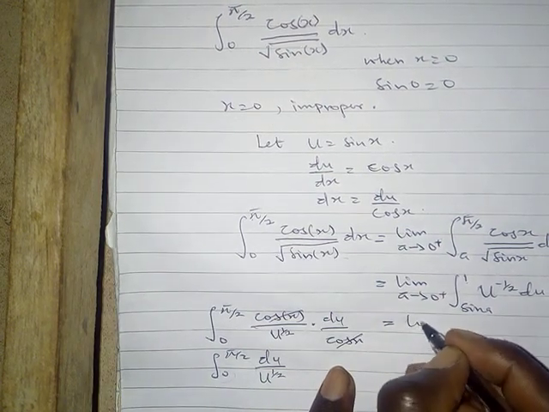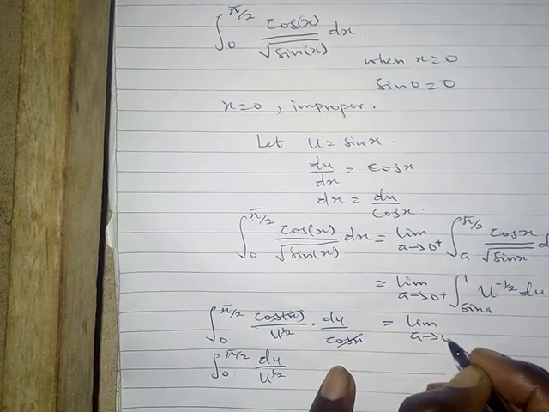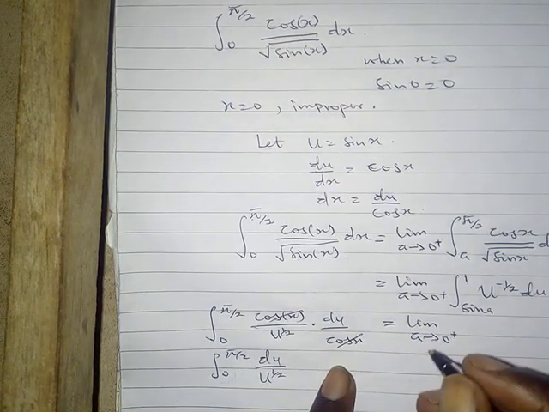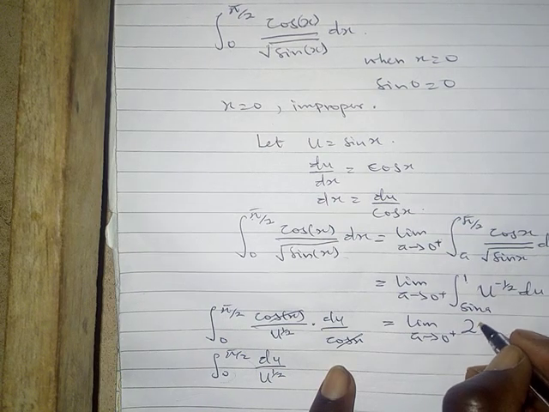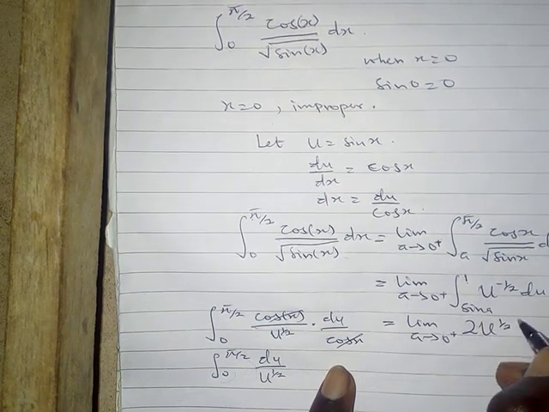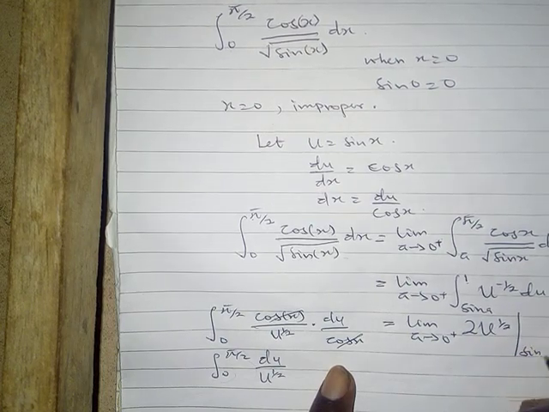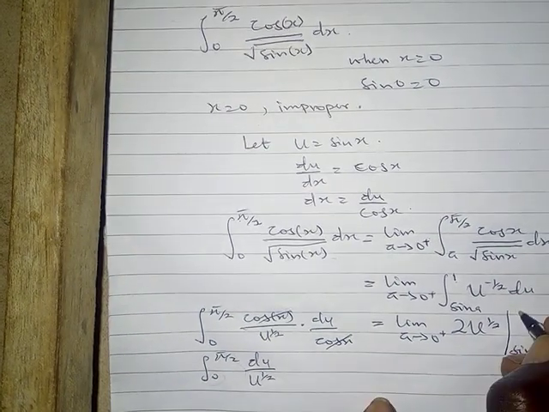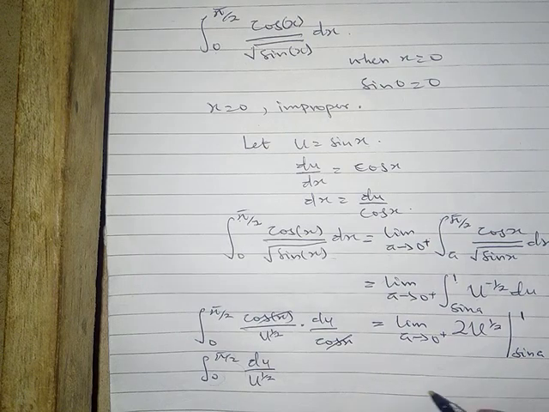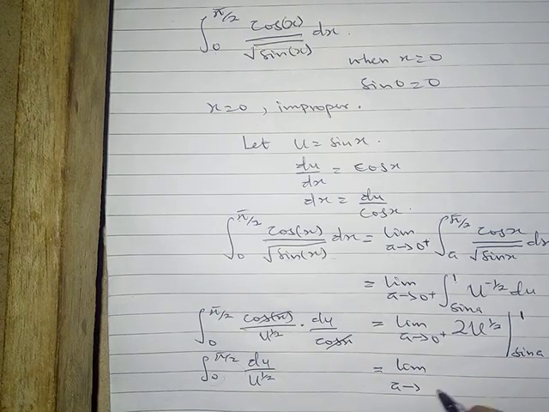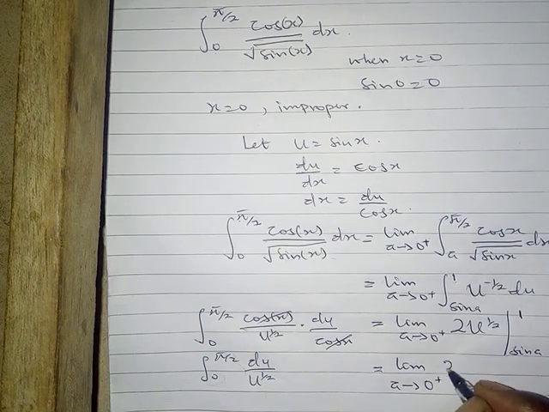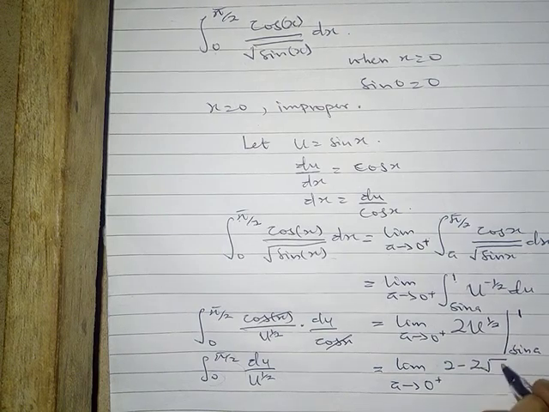The limit as a approaches 0 positive of, when we integrate this, we get 2u to the power of 1 over 2, evaluated from sine a to 1. When we put in the limits, we get the limit as a approaches 0 positive of 2 minus 2 root sine a.